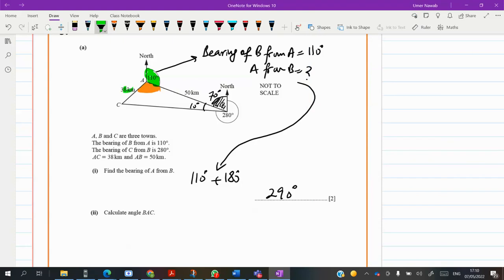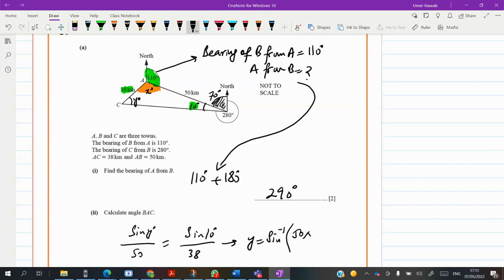Now, since we have the pair, we can easily find the BAC angle. We want this angle BAC. But BAC cannot be found directly. We first need to find Y. Okay, so sine Y over 50 is equal to sine 10 over 38. So Y will be equal to shift sine 50 times sine of 10 divided by 38.